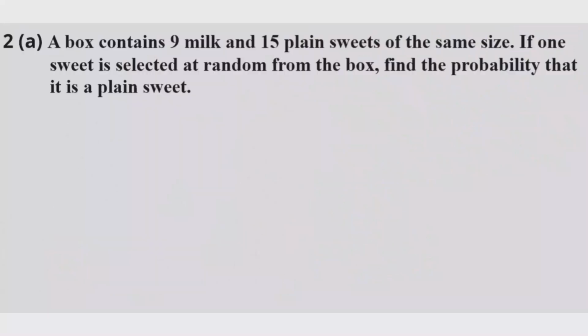Question 2a was as follows: a box contains 9 milk and 15 plain sweets of the same size. If one sweet is selected at random from the box, find the probability that it is a plain sweet. Here is how you go about this question. The first thing is you need to find the number of sweets that are in the box.